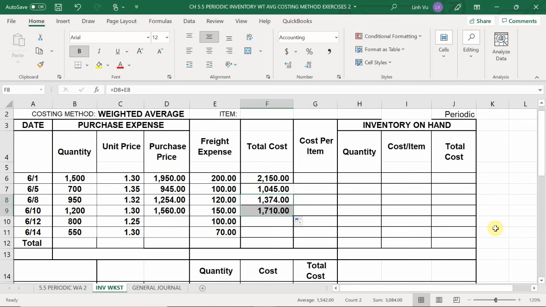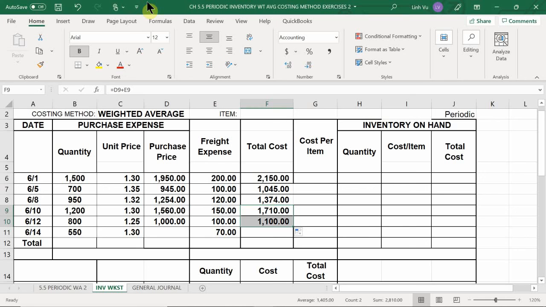On June 12th, I purchased 800 units at $1.25 each. So what's my total purchase price? 1,000, okay, plus $100 worth of freight gives me a total cost of 1,100. Okay.